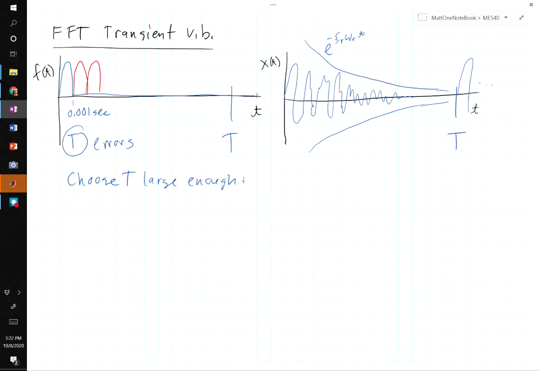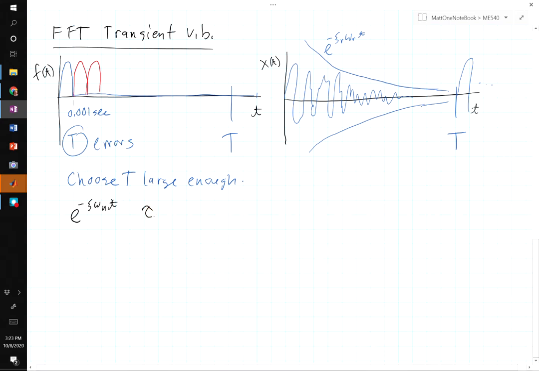For a 1 degree of freedom system, we can work it out, and you could do this on a multi-degree of freedom system just by applying this to every mode. So if we have e to the negative zeta omega_n t as our decay, how large does T need to be so that we'll get an accurate result?